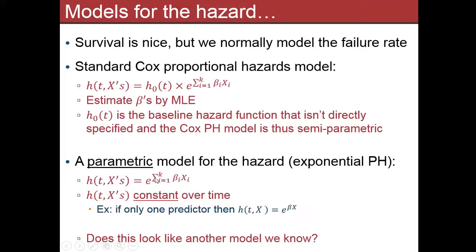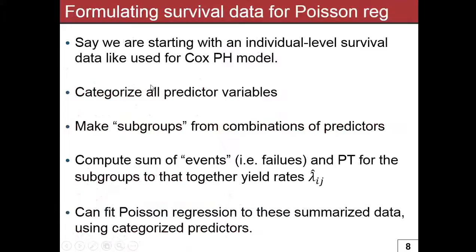It'd be e to the log of 0.5. If you had a non-1 constant, it can go in the exponent here, and it would be the intercept. So basically, all I'm trying to say is if you relax the assumption that the baseline hazard is this time-dependent thing, then you wind up with the Poisson model.